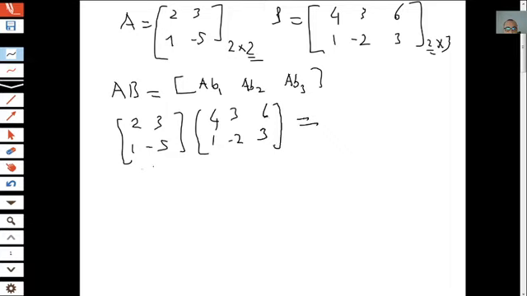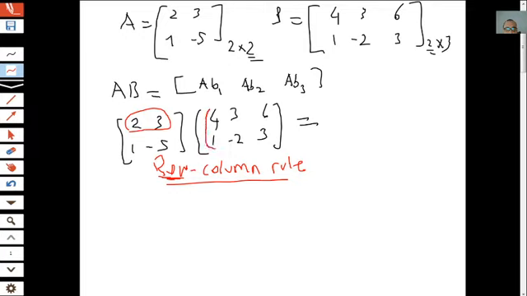So this is the second way, namely the row column rule. Okay, first we use the first row of the first matrix, and we take the first column from the second one. Namely, we have the row column rule.